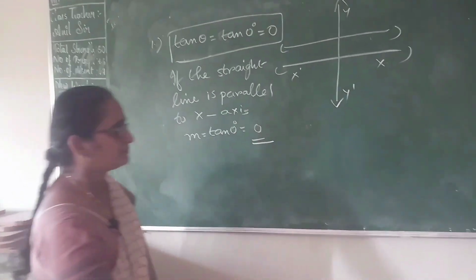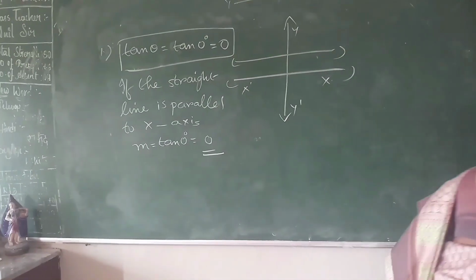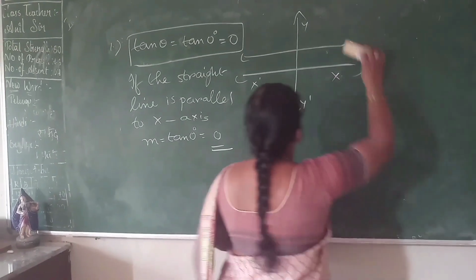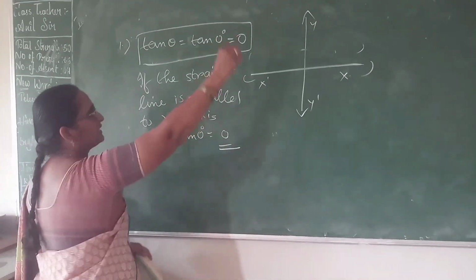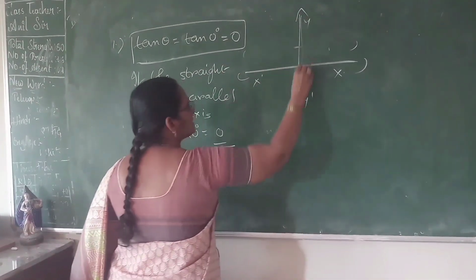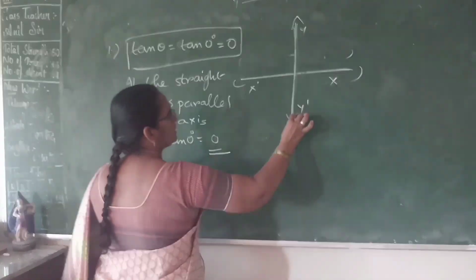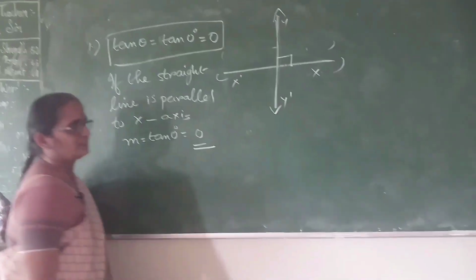Suppose now we consider a vertical line, which falls upon this particular line, making a right angle.